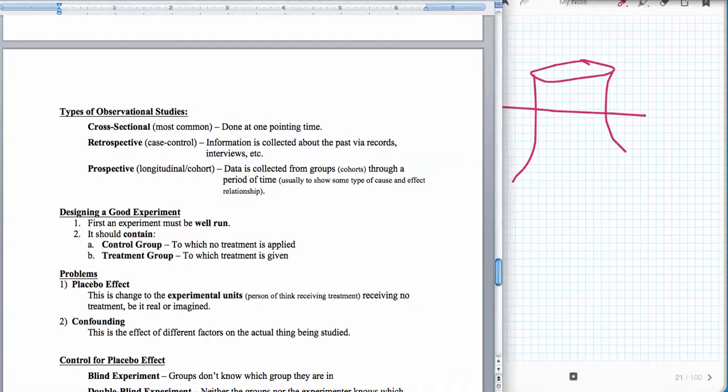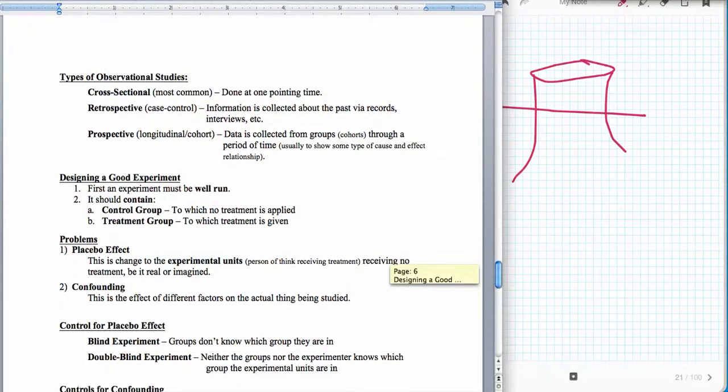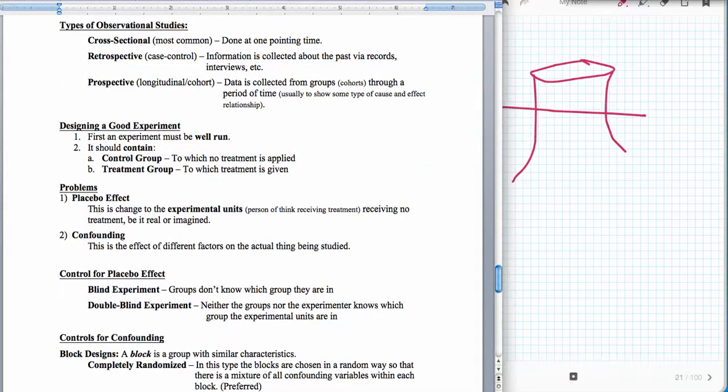Some of the problems that we run across with designing an experiment where we have control groups and treatment groups is the placebo effect. And that is a change to experimental units. A lot of times we think of these as people. The people, based upon the fact that they believe they're being given a treatment, because control groups very seldom in medical experiments, for instance, are just not given anything at all.